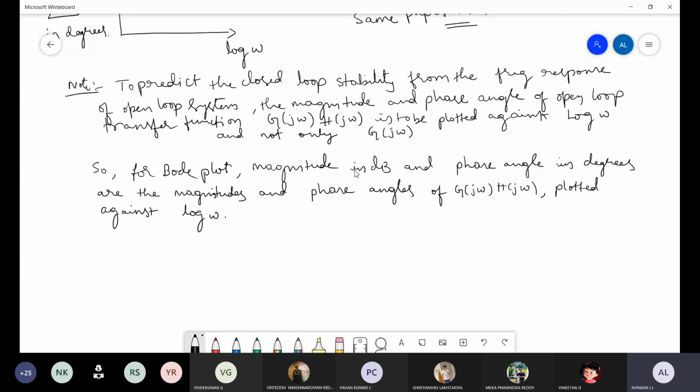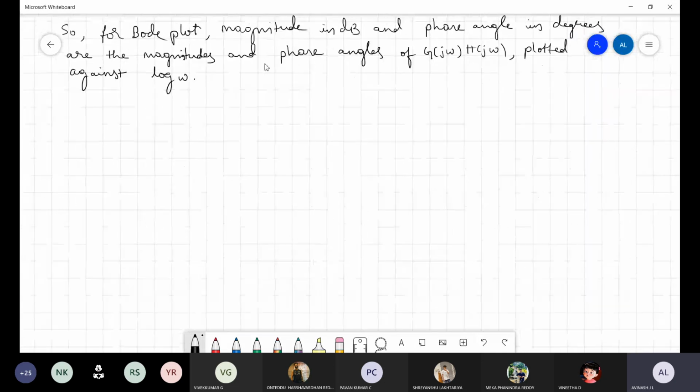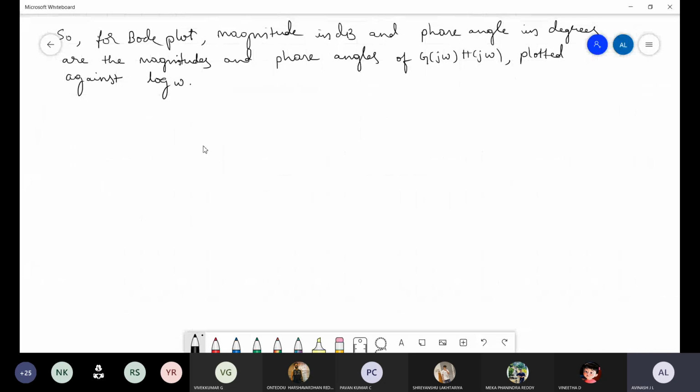Now we can write the steps to write down Bode plots for standard factors of g of j omega into h of j omega.